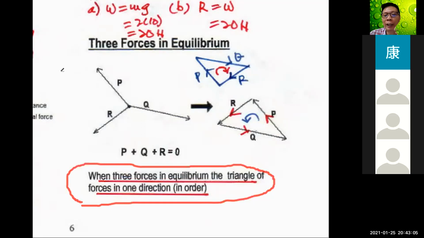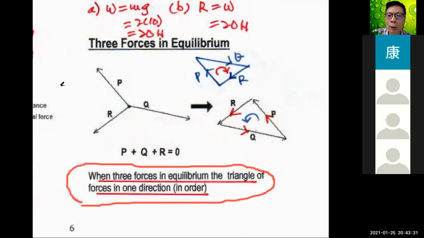Okay, another way to join, you see now, I use another way. P, I put here. P, then Q, I put here. P followed by Q, then R is here. I never change direction, still the same. P, Q, R also can join up to form a triangle in one direction. Now it's clockwise direction.